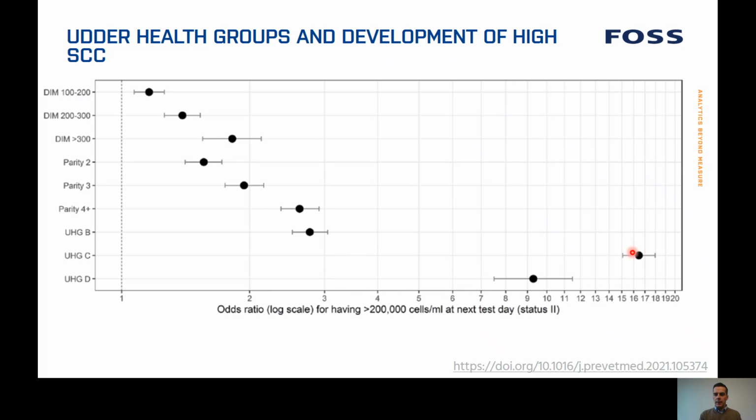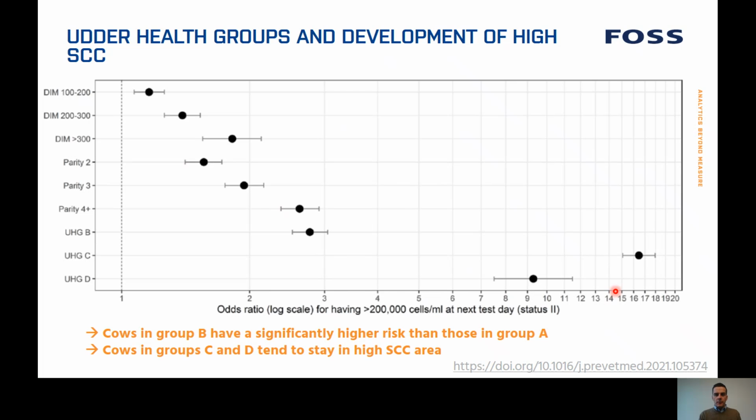And here we can see that the highest odds were found for cows in groups C and D. This very clearly tells us that once a cow has been sick this month and has high somatic cell count this month, it is very likely that she will also have high somatic cell count in the following month. So in other words, once a cow has been sick, it is quite difficult to get her down to a normal level again, which makes prevention key after all.